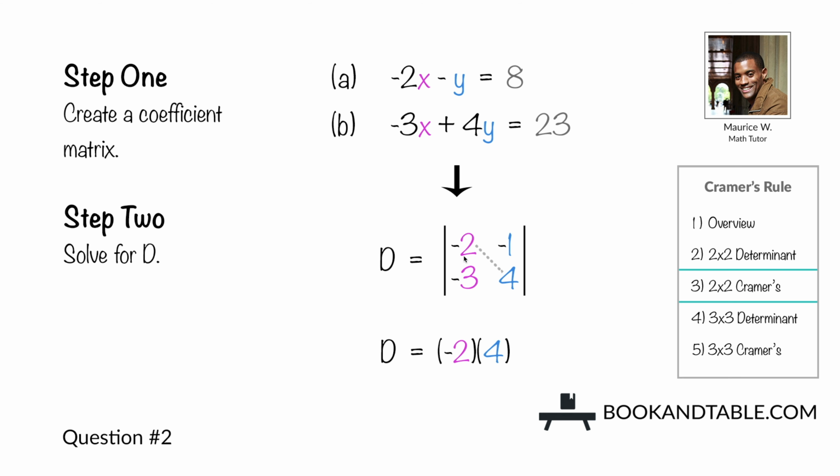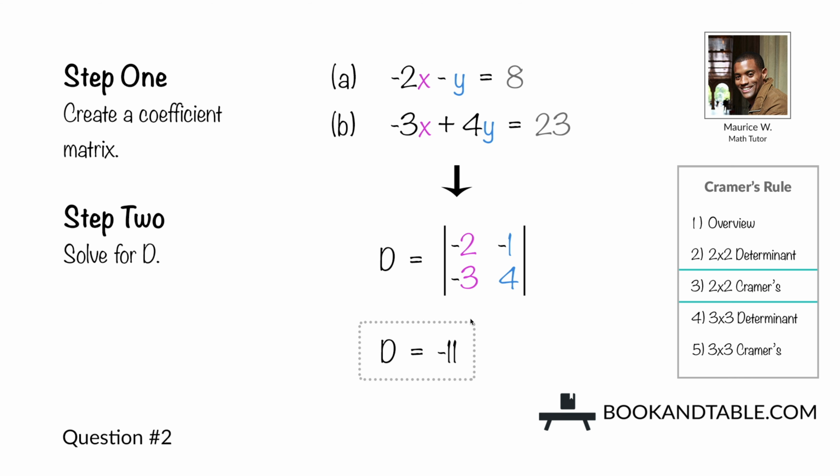So we multiply negative 2 times 4, and then we subtract the product of negative 3 times negative 1. So to solve for d, we have negative 2 times 4, which is negative 8, minus negative 3 times negative 1, which is positive 3. Negative 8 minus 3 is equal to negative 11. So we see that d is equal to negative 11.